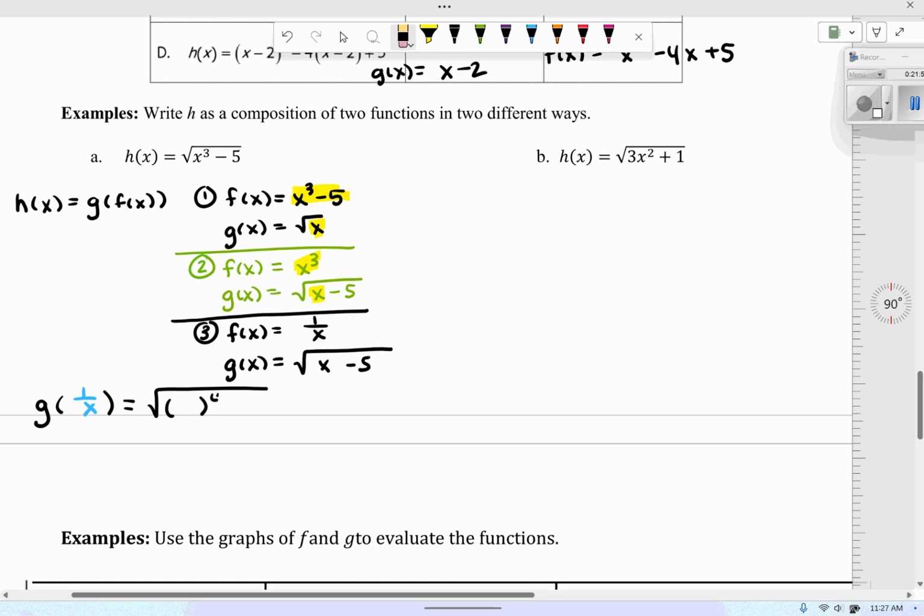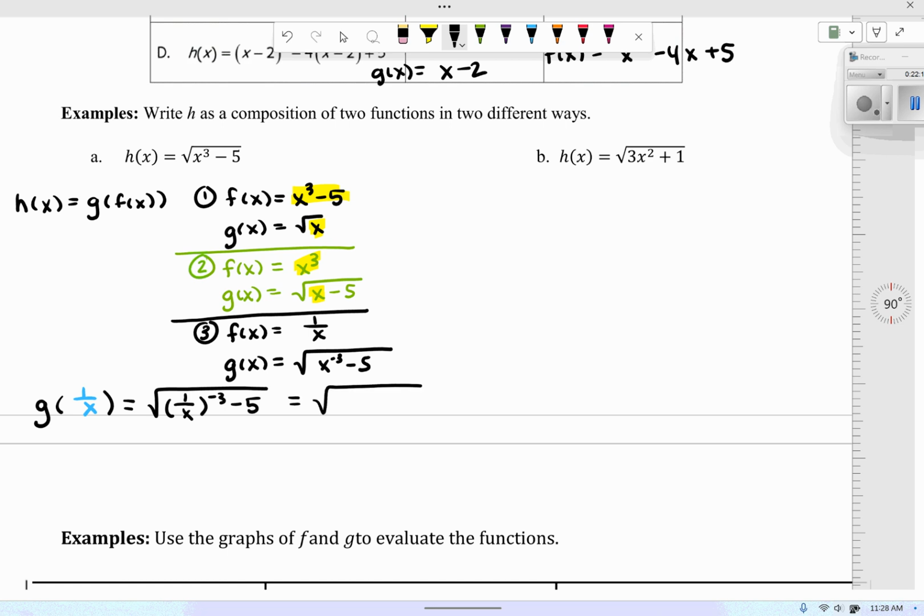So if we did, sorry, just go ahead and go back here. So if this was negative 3, then we would get 1 over x to the negative 3 minus 5. And so that means we would get the square root of 1 to the negative 3, which means it goes to the denominator, over x to the negative 3 minus 5.